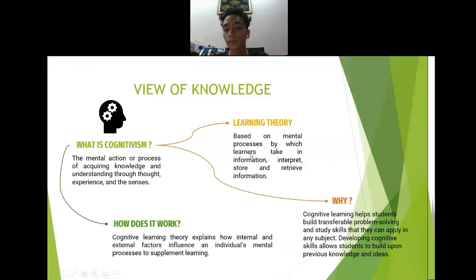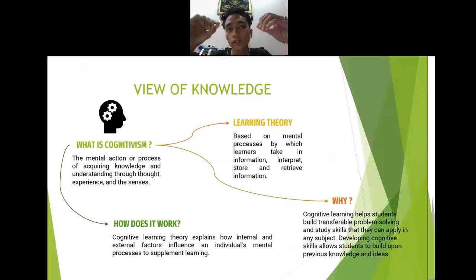So we go to the learning theory right here, the yellow one. Learning theory is based on mental processes by which learners take in information, interpret, store, and retrieve information. Okay. So, for example, the learners or we students, not exactly at USM, maybe in schools, in other universities, maybe in other countries also, and any places, we often learn new things.